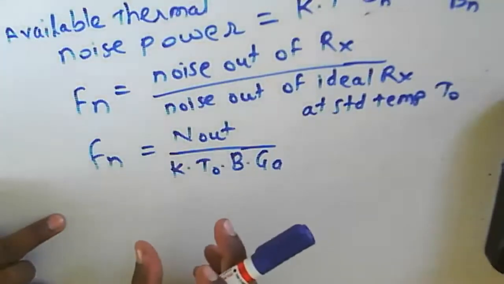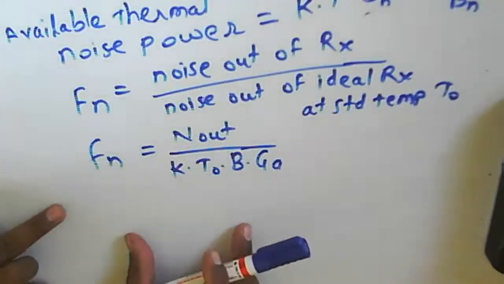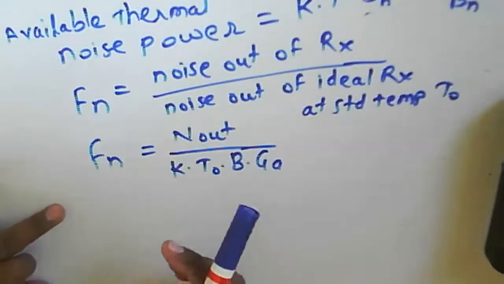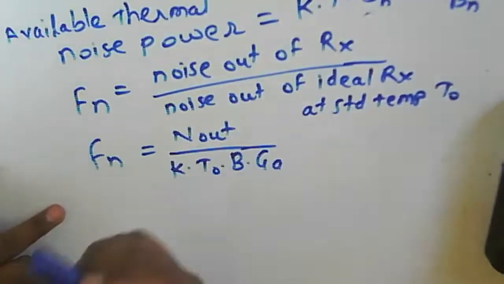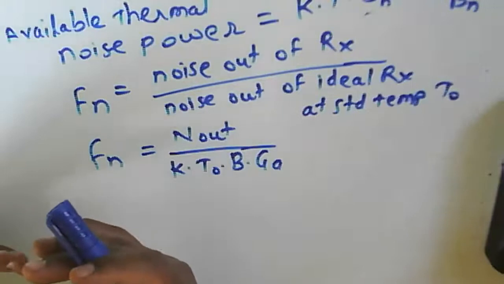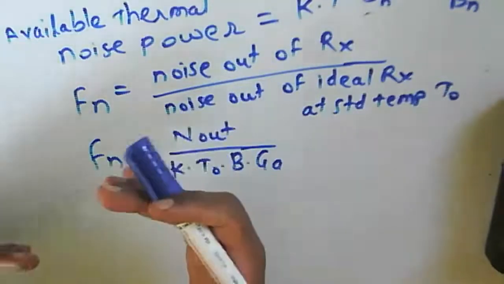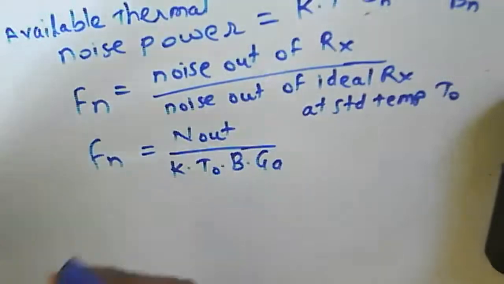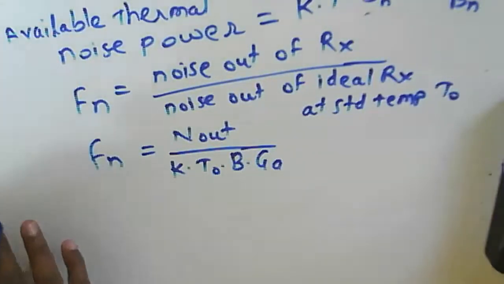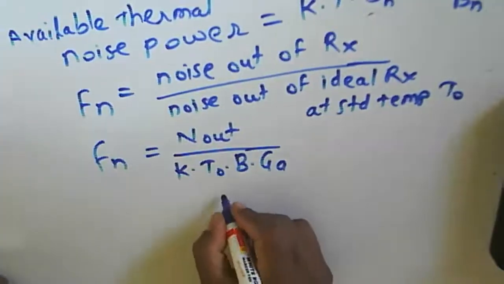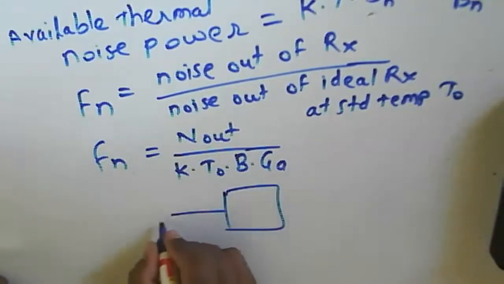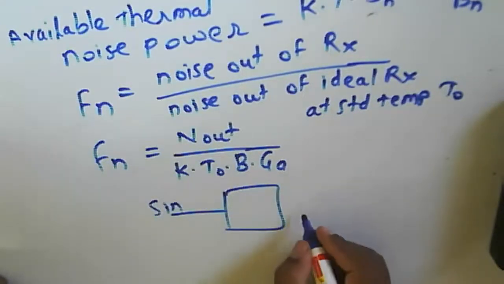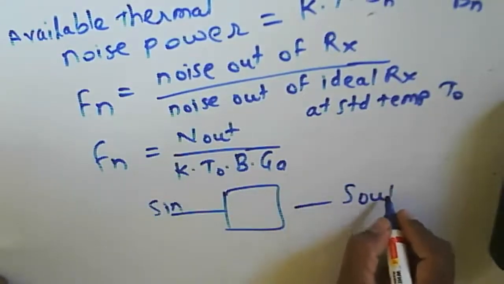Now we need to relate the noise figure to the input signal to noise ratio at the receiver and the output signal to noise ratio at the receiver. Means for the given block, we consider what will be the S in here and what will be the S out.